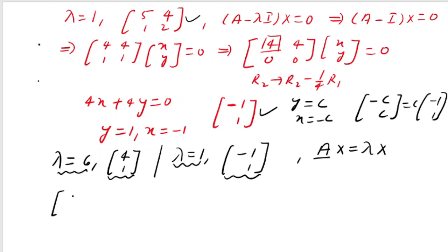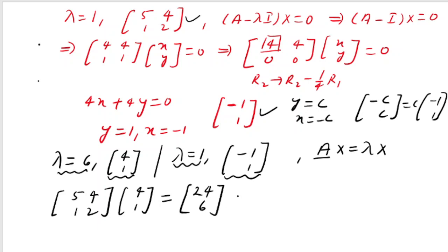Suppose you take the matrix 5 4 1 2, and if you multiply it by this x, that is 4 1, then how much you will get? You will get 5 into 4 is 20 plus 4, that is 24, and 4 into 1 is 4 plus 2, that is 6, which is nothing but lambda value, that is 6 times the eigenvector, that is 4 1.